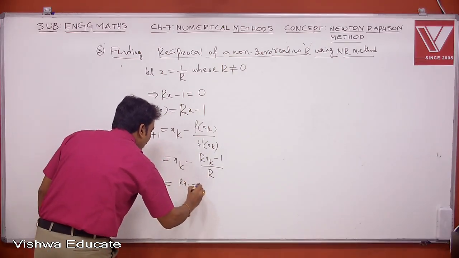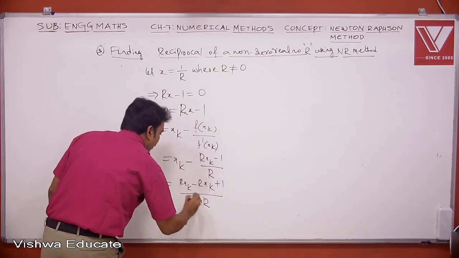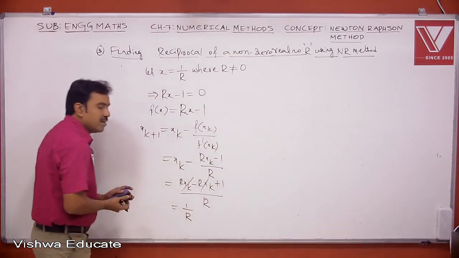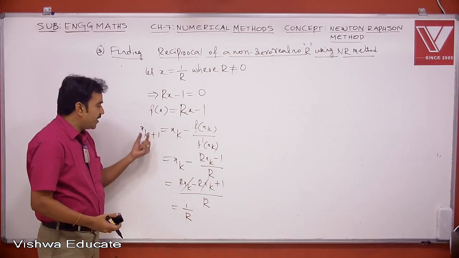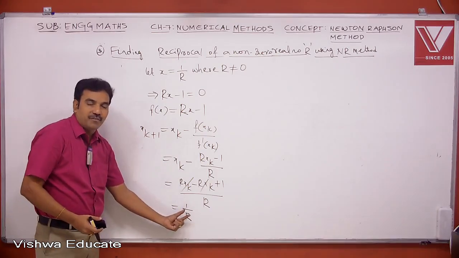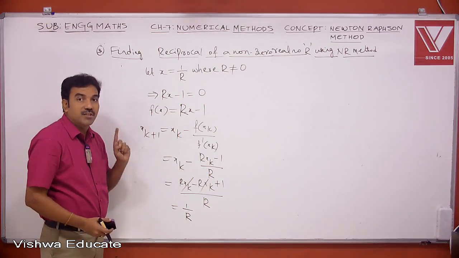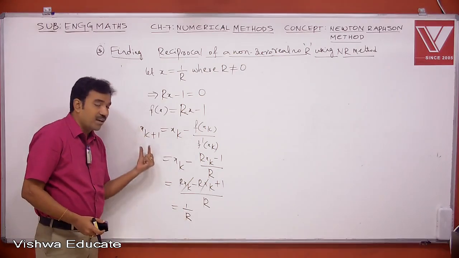This is r into xk minus r xk plus 1 by this r. This will be cancelled. We get 1 by r. Now basically this is not a recurrence relation. So we didn't get xk plus 1 in terms of xk. In Newton-Raphson method, current value must depend on previous iteration value, right? But here we are getting a constant expression for xk plus 1.